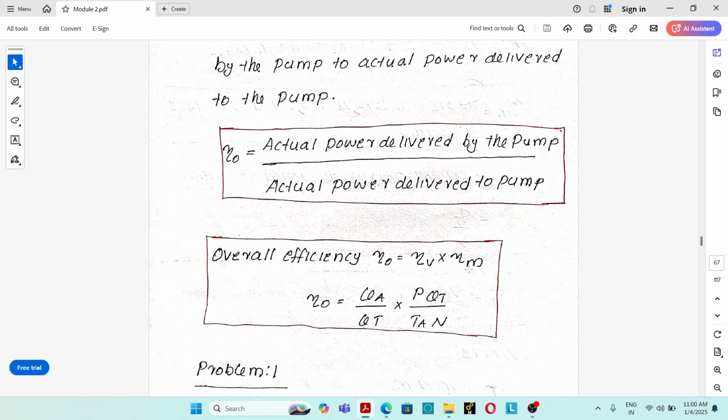Overall efficiency is equal to mu V into mu M. That means QA by QT into P QT divided by TA into N. Volumetric efficiency into mechanical efficiency is the overall efficiency. So these are the three pump performance measures: volumetric efficiency, mechanical efficiency and overall efficiency.